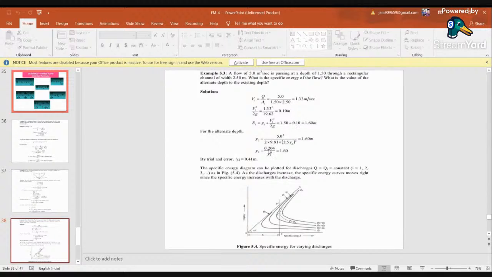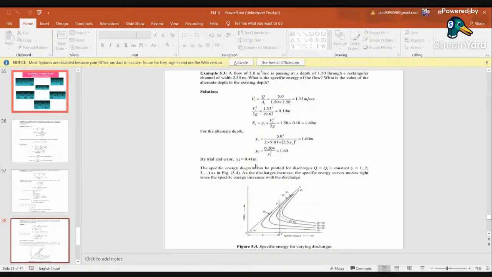And the alternate depth is calculated by means of Froude's equation. y1 is 1.6 meters and y2 is 0.41 meters.